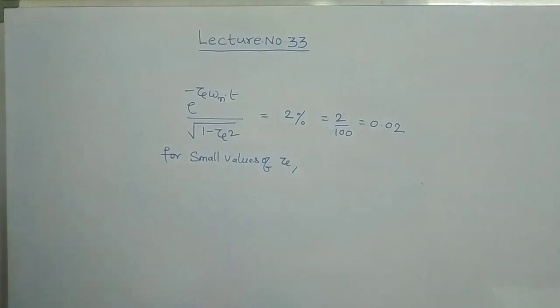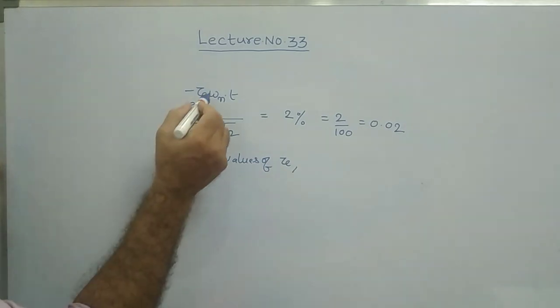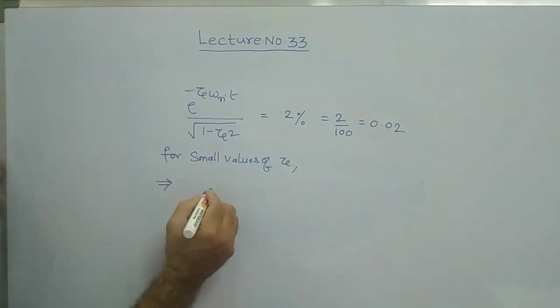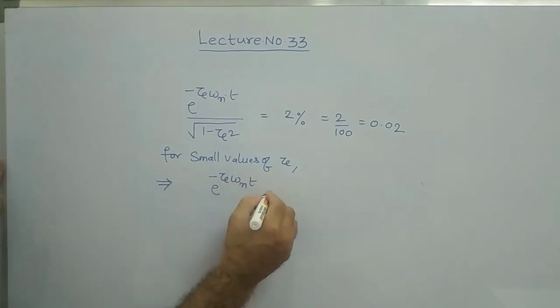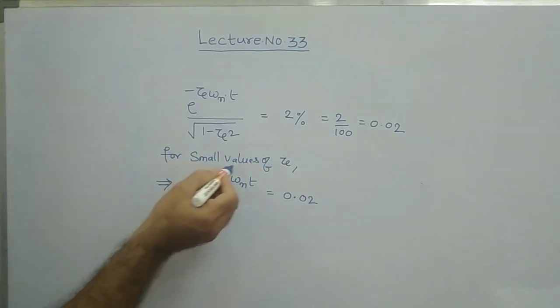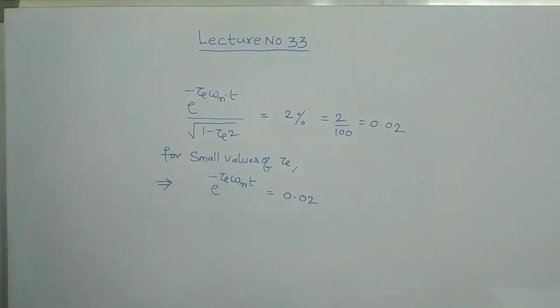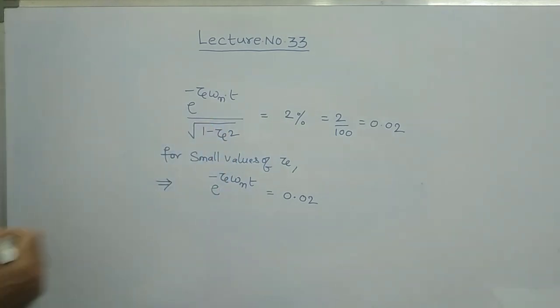Square root of 1 minus zeta square can be ignored. Then you just consider this numerator part only, means e power minus zeta omega n into t is equal to 0.02. Clear? So for small values of zeta we are considering, then you can ignore this.